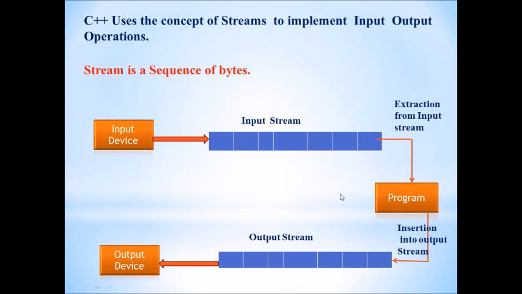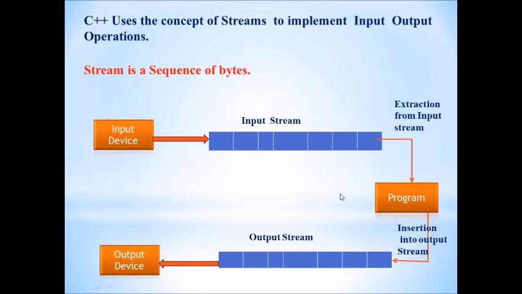That is, it acts as a source, that means from which the input data can be obtained, or it acts as a destination, that is, to which the output data can be sent. If you observe the figure, the program receives the input from the input device, like keyboard, through the interface called input stream.